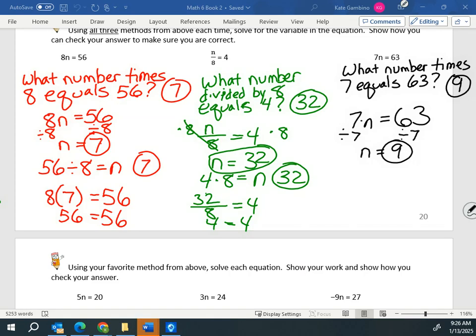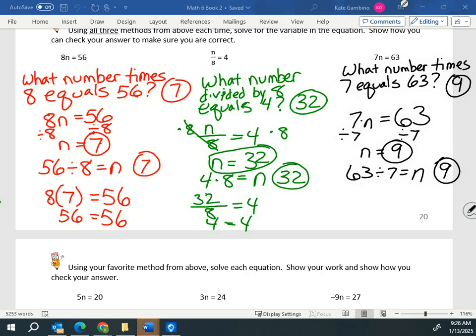And what is the fact family that we would use if we did fact families? Liam? We don't know the 9 yet. Good. 63 divided by 7 equals n. And we know 63 divided by 7 is 9.